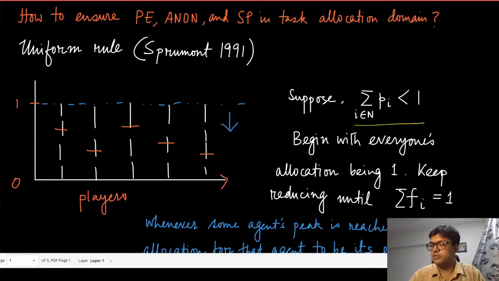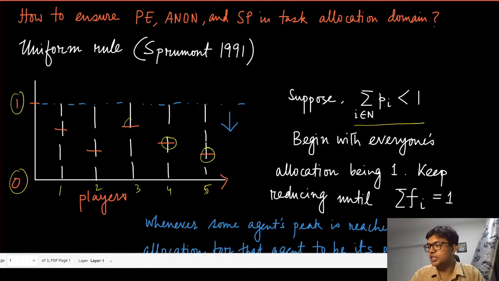In this figure, as we have done earlier, this is the complete task, and this is the 0th share of the task. So on the y-axis you have the share of the task, and these are different players, player 1, 2, 3, 4, 5 in this case. And these red horizontal lines show what their peaks are. So these are the peaks for each of these agents.